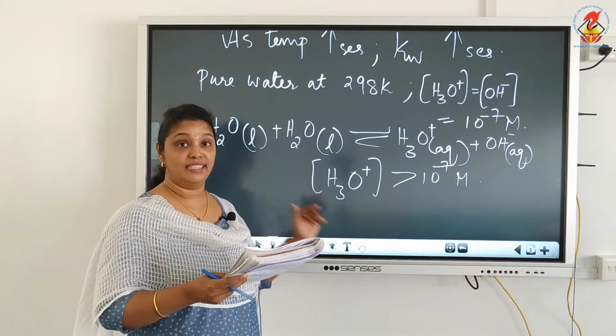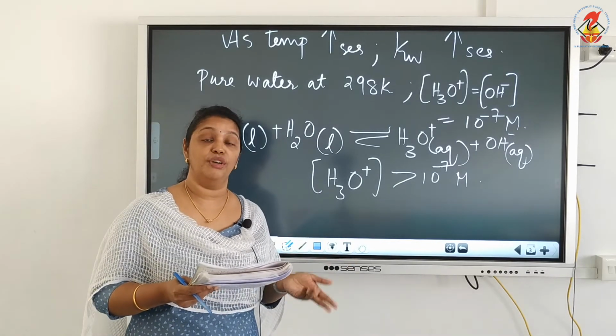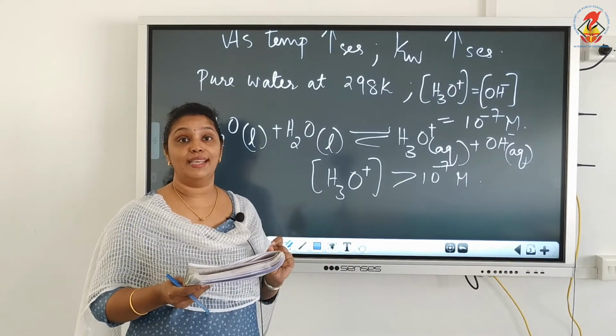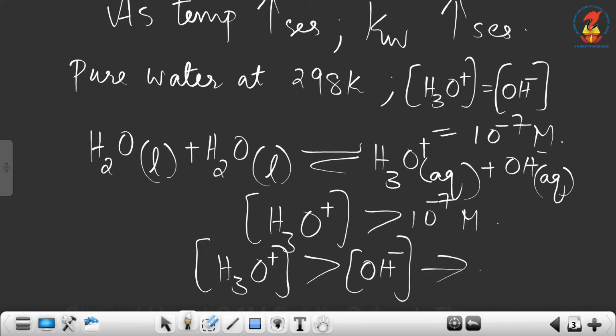Okay, now in this case, we know that the concentration of H plus is more than the concentration of OH minus. So, we can say that if the concentration of H3O plus is greater than the concentration of OH minus, then the solution is acidic in nature.